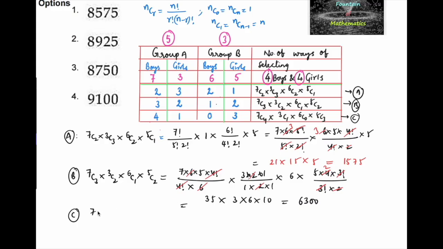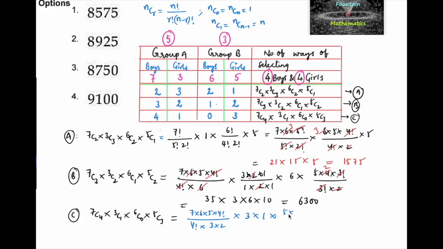And case C: we have 7C4 into 3C1 into 6C0 into 5C3. So here we can write 7C4 as 7 into 6 into 5 into 4 factorial divided by 4 factorial into 3 factorial, that is 3 into 2, and 3C1 is 3, and 6C0 is 1.